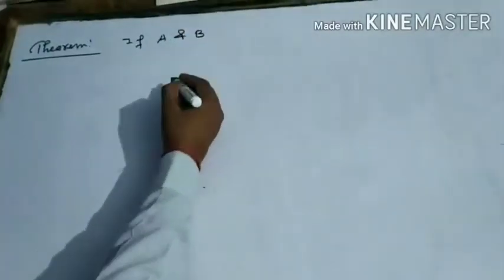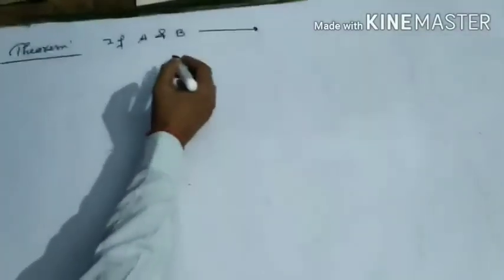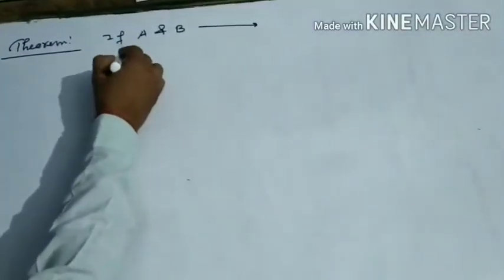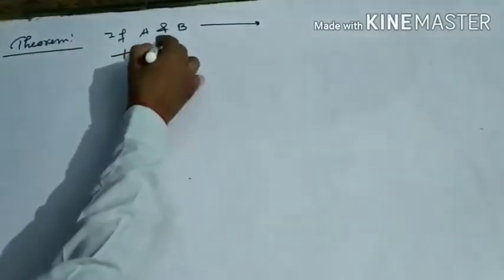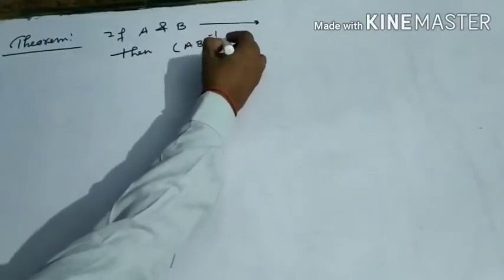Next theorem: if A and B are invertible matrices of the same order, then (AB) inverse is equal to B inverse into A inverse.